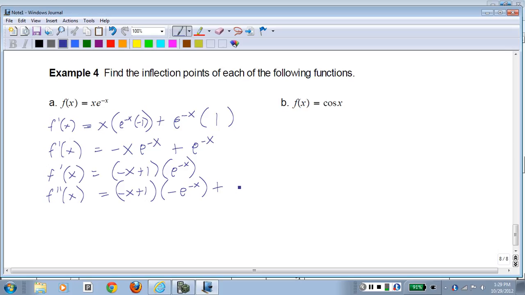E to the negative x times the derivative of negative x plus 1, which is negative 1. Isn't the derivative of e to the negative x e to the negative x? Okay, yeah, I see what you did there. Yeah, got to multiply by that negative.